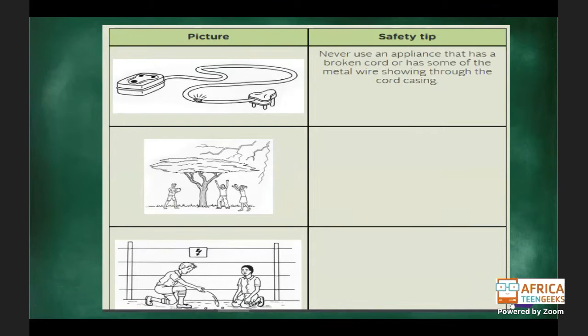Monique says, don't stand under the tree when there is lightning. Yes, thank you so much. Faith, yes. Lesejo, yes, I agree with you.